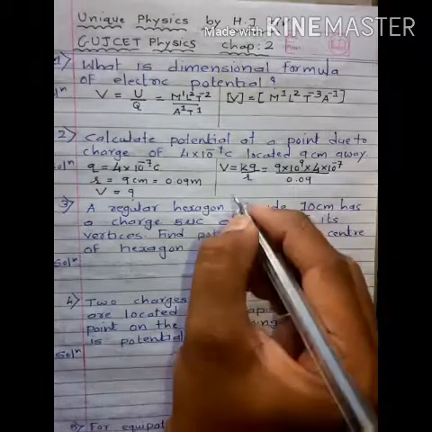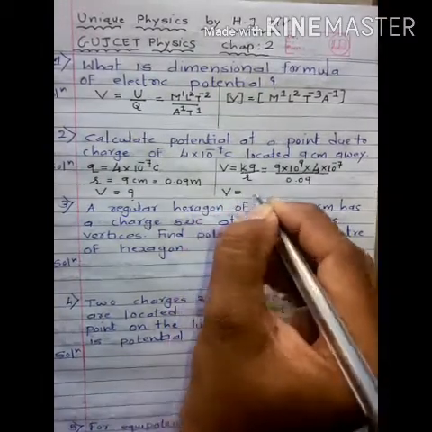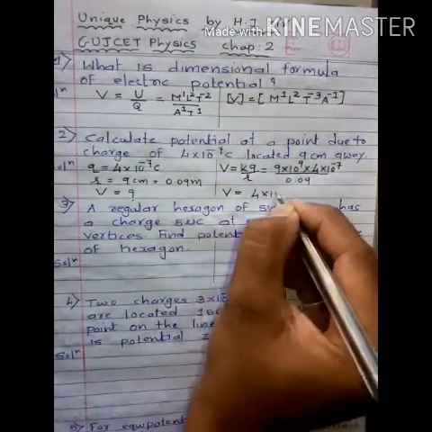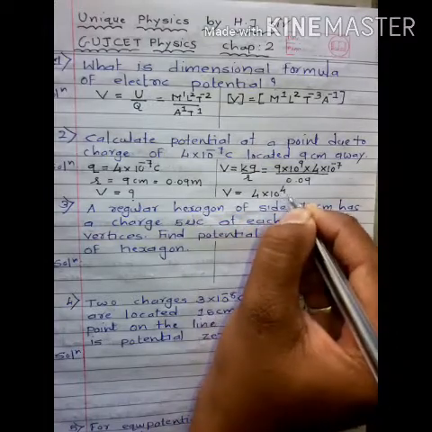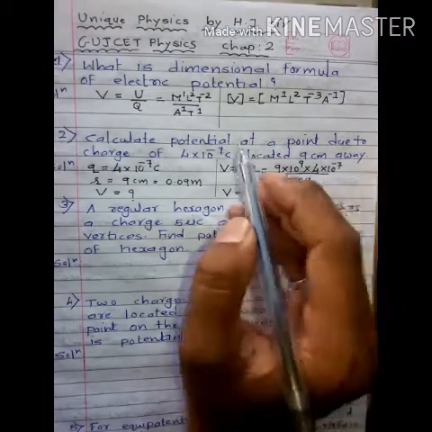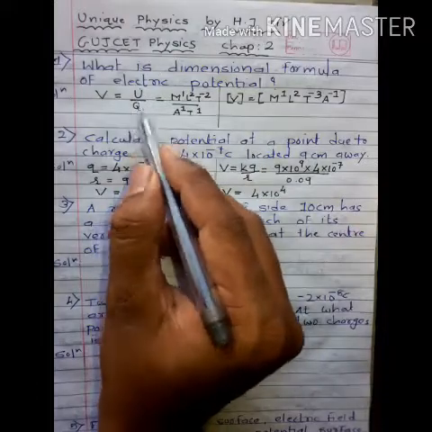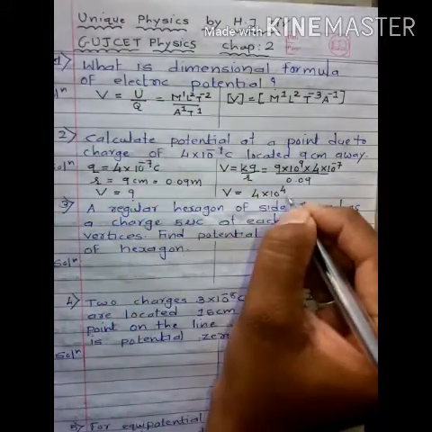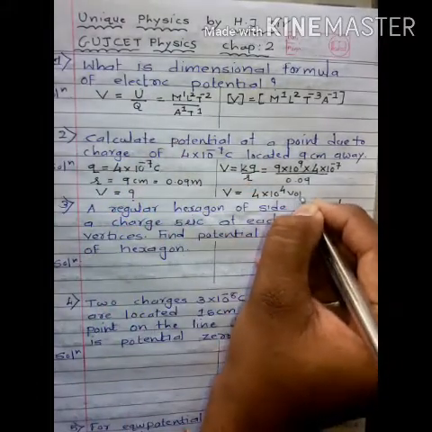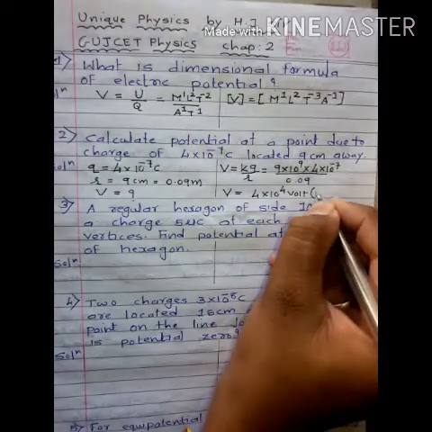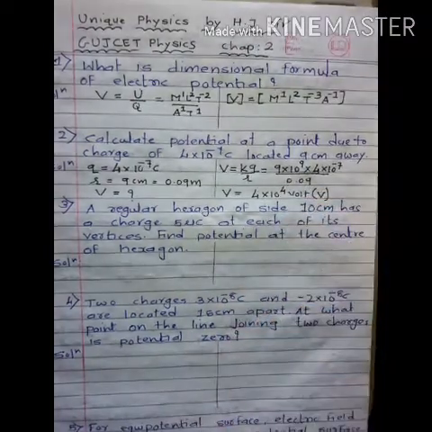Try to solve this step. So your answer is 4 into 10 raised to 4. Now the unit of potential. The unit of potential is joule per coulomb, and joule per coulomb is also known as volt. So the unit of potential is volt. It is also denoted by capital V.